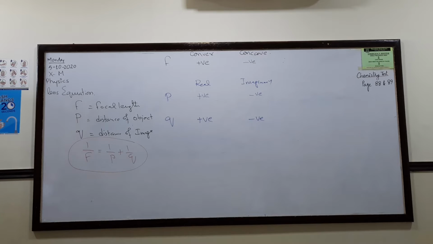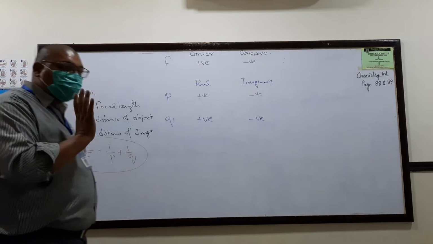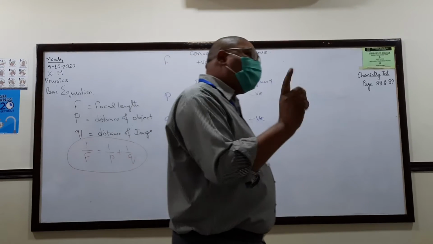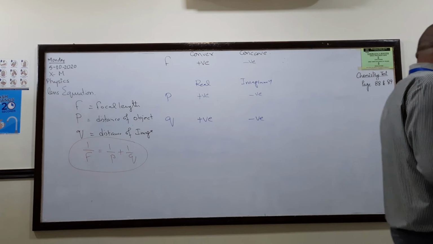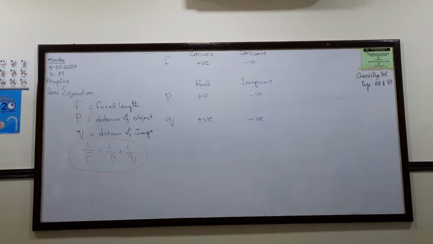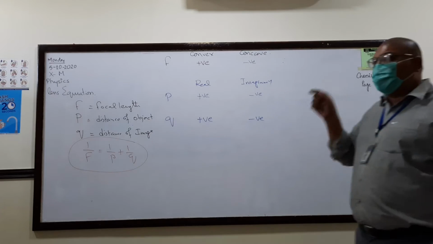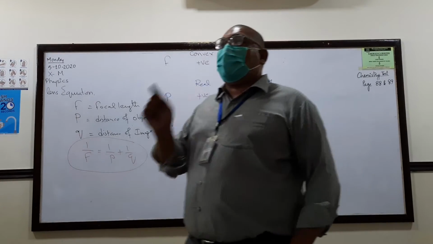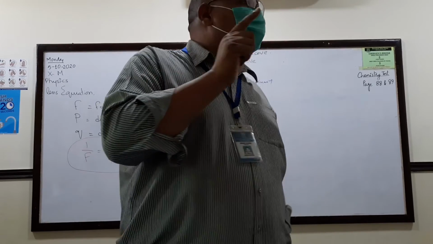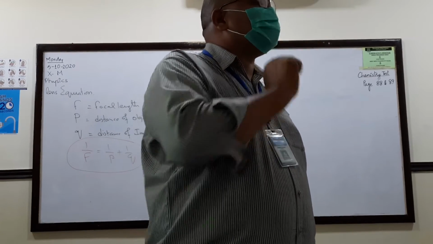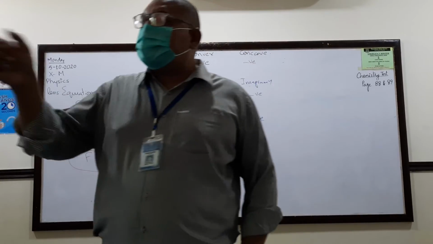It can come another way. Sometimes in the numericals the data is given and the q value is also given. For example, if he says the q value is 6 and the image is virtual, the q value should be taken as -6, because he said that the image is virtual.